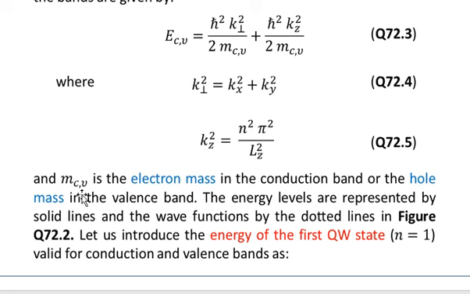Okay, where mCV is the electron mass in the conduction band or the hole mass in the valence band. The energy levels are represented by solid lines, and the wave functions are dotted lines in figure number 72.2.